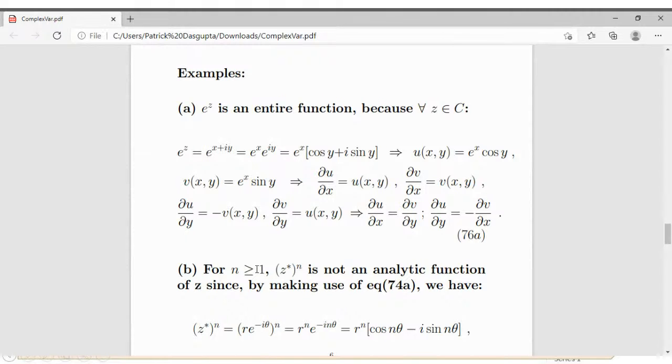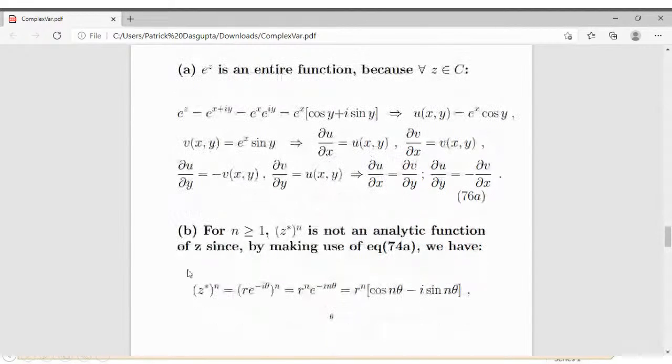Let's prove this. z star to the power n: because z is r e raised to power i theta, z star is r multiplied by e raised to power minus i theta, and therefore z star to the power n is r raised to power n multiplied by e raised to power minus iota n theta.